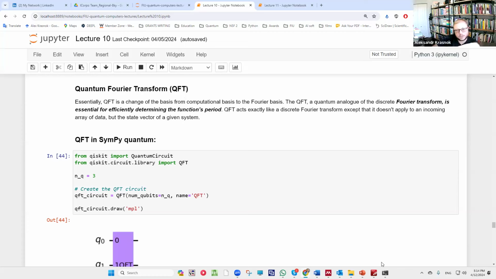Like in classical, when you have an analog signal, which can be like a sound wave, right now I'm speaking, and my voice is recorded by the mic, and then this acoustic card transforms the analog signal to a digital signal.